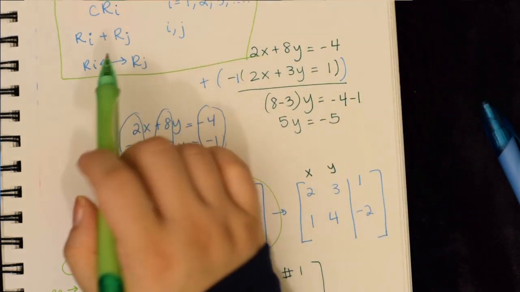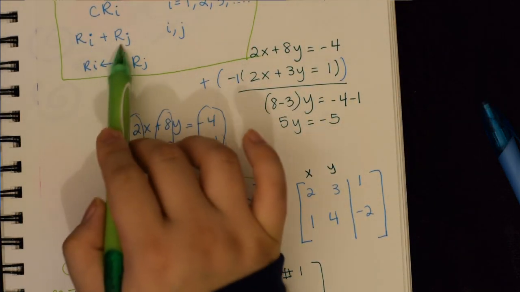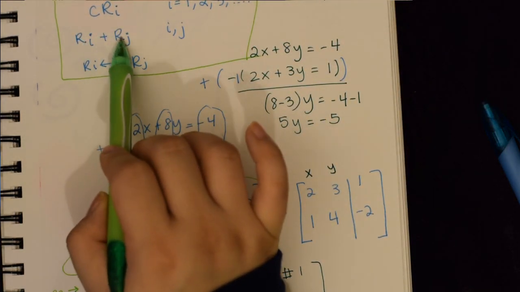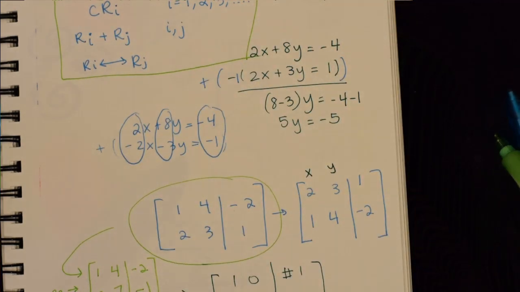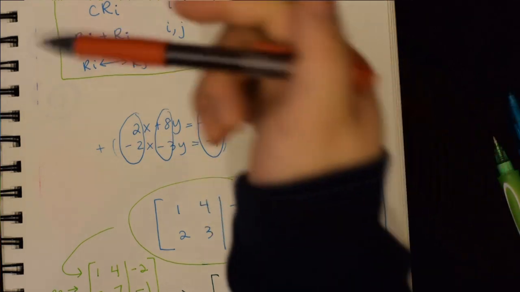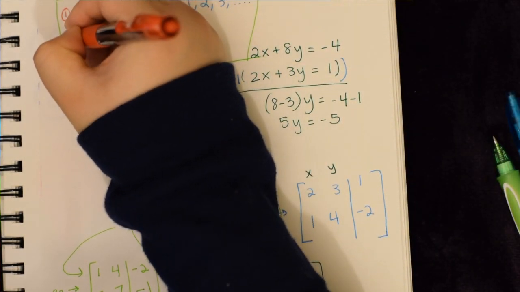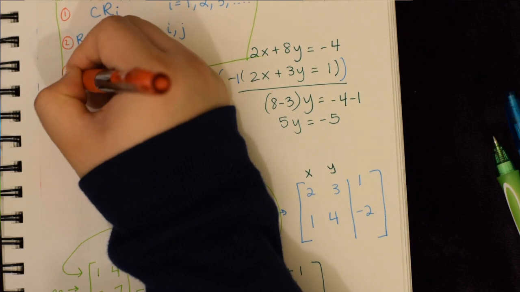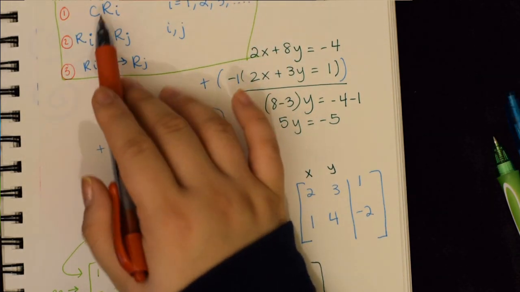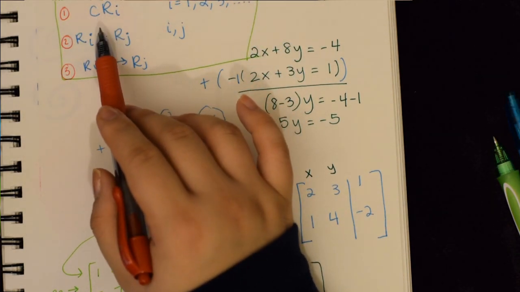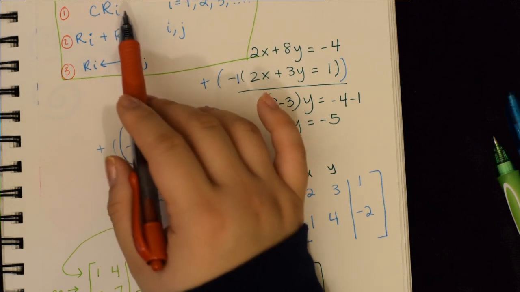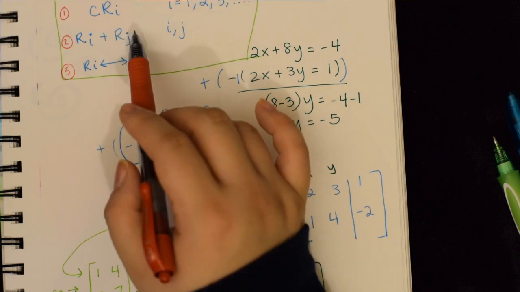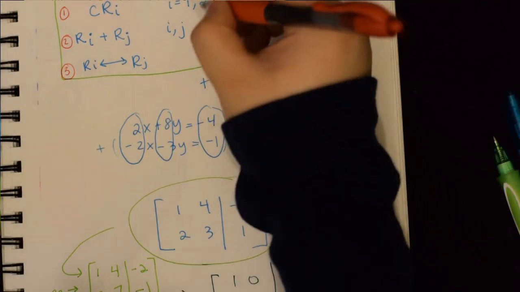But while we are at it, you can see here that we can combine these first two as adding, what's it called, a constant times one row plus another constant times the other, and doing that all in one step.